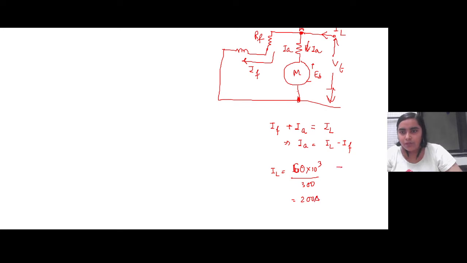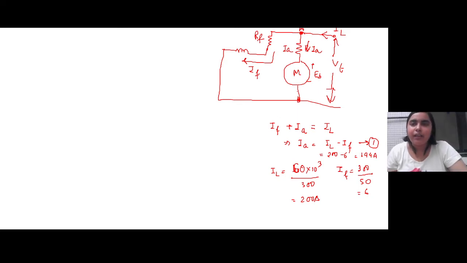And what will be the field current? It will be the applied voltage, here again 300, and the resistance of the field remains the same, which is equal to 50. So it is again 6. However, now since the equation of the armature current has changed, it will be 200 minus 6, which is 194 ampere.